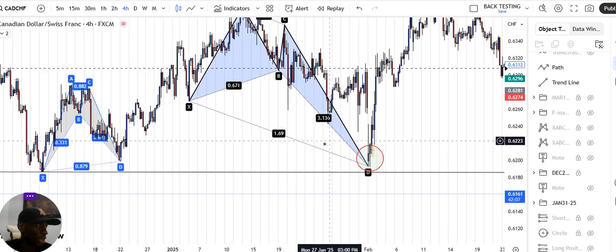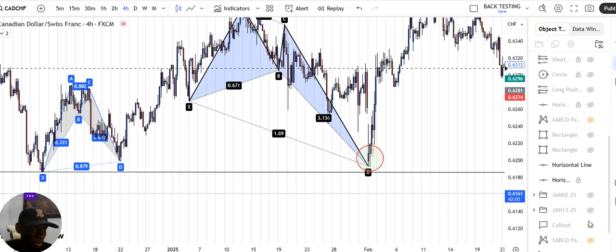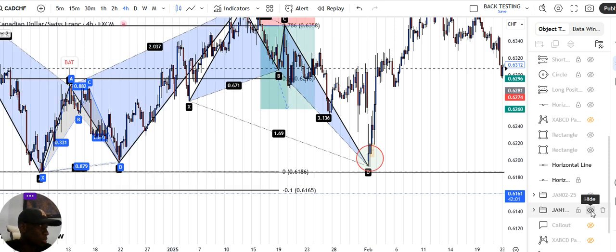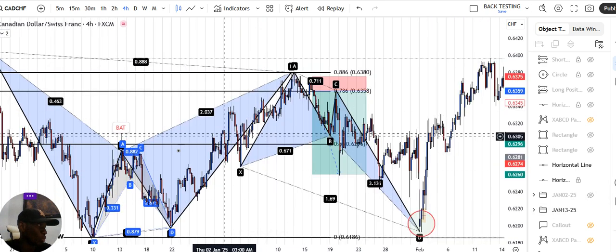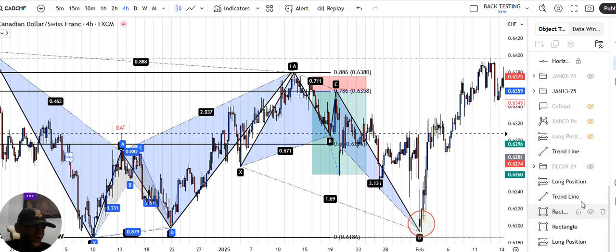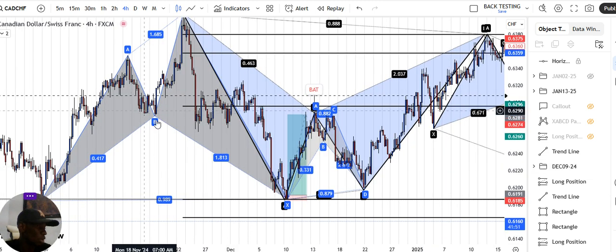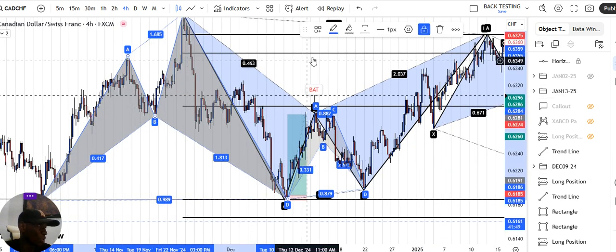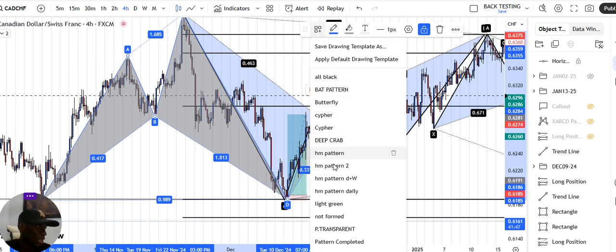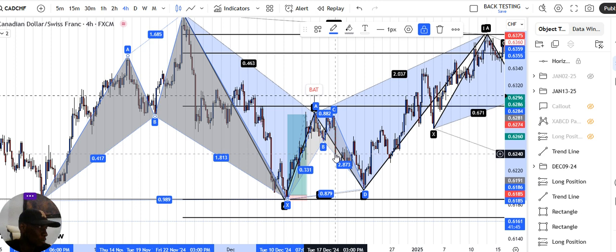This was another opportunity again we had. Okay, I just have to hide some of them so that I can see. This was another opportunity again. Let me see if I can catch any other one. This is another opportunity. You can see that we have so many opportunities here on that consolidation leg.